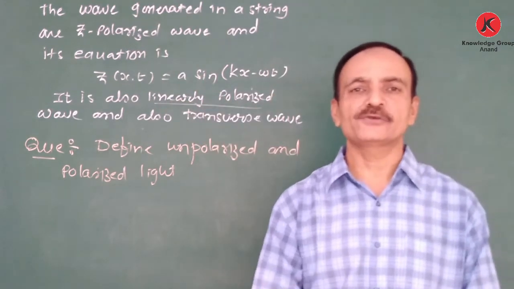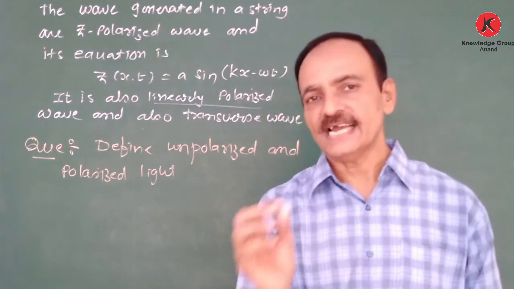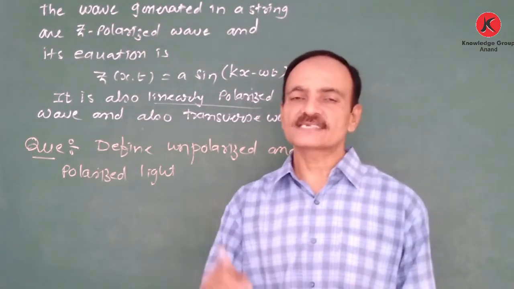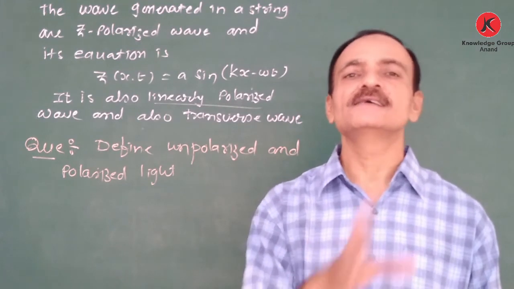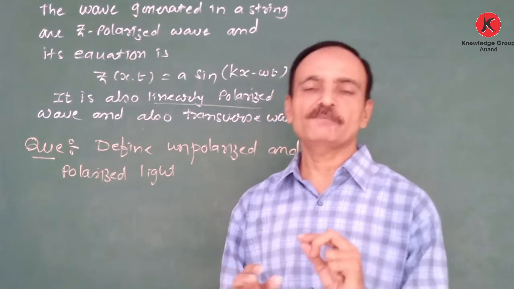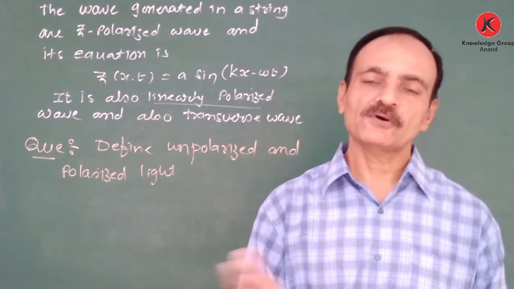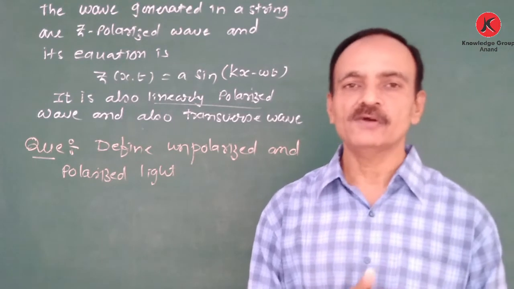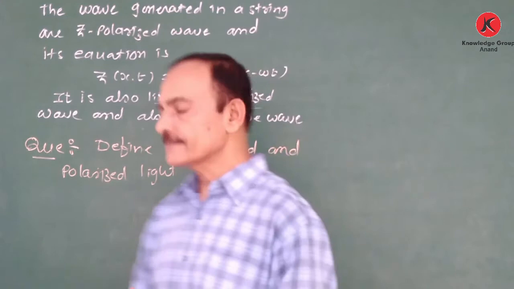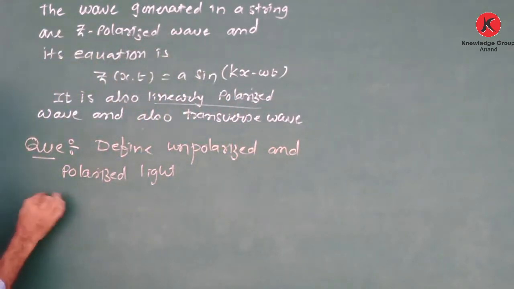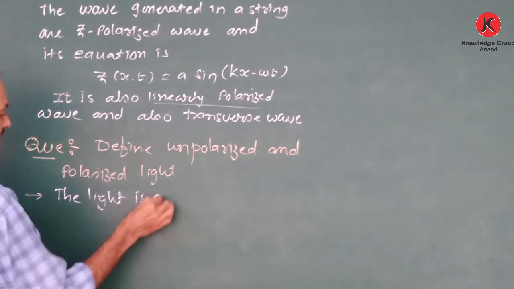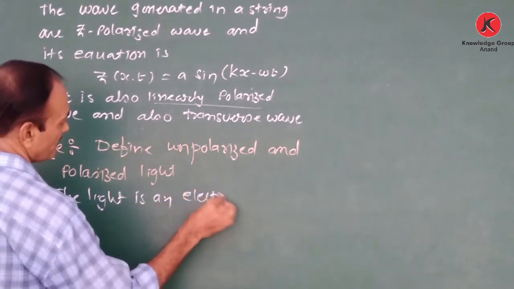The light coming from the sun or any tube light or bulb is unpolarized light because it is an electromagnetic wave. Its speed in vacuum is the same as the speed of electromagnetic waves in vacuum. Therefore, light is known as an electromagnetic wave. Its speed is 3 into 10 to the power 8 meter per second. Light is an electromagnetic wave.